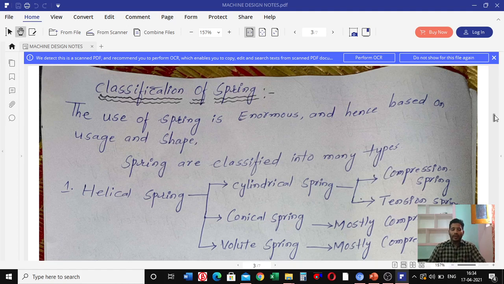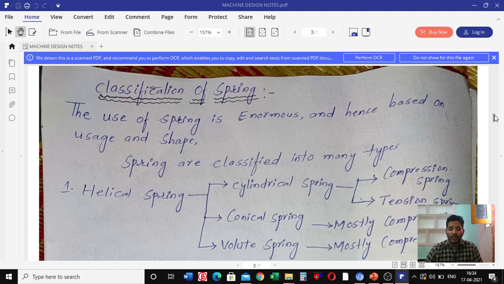Helical springs are broadly classified into three types. The first one we can say is the cylindrical spring, the second one is the conical spring, and the third one is the volute spring.